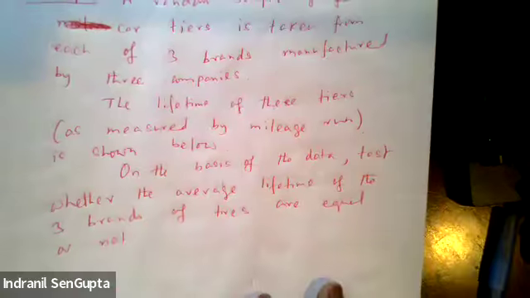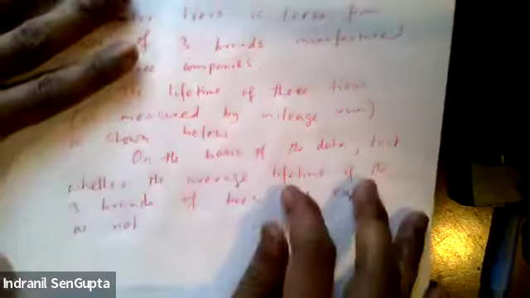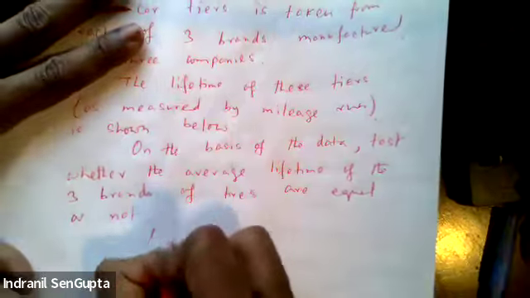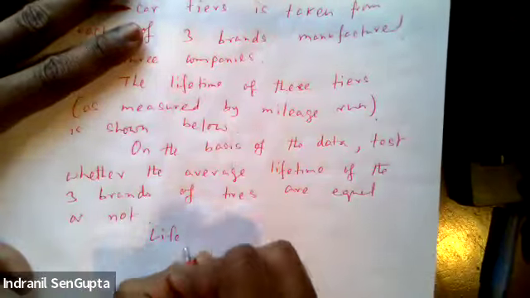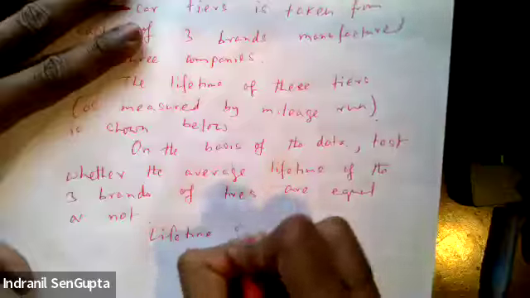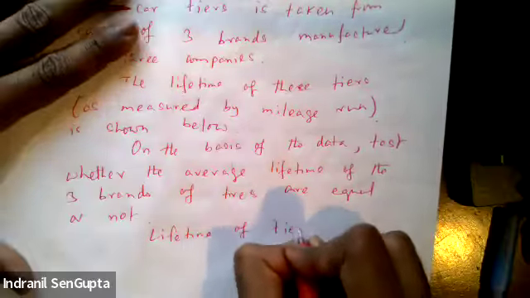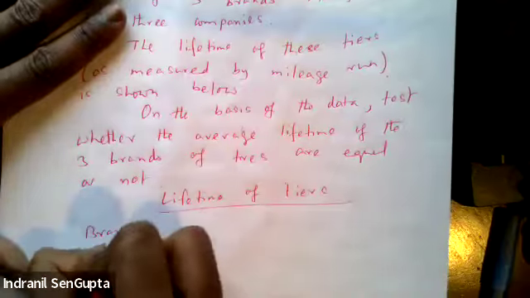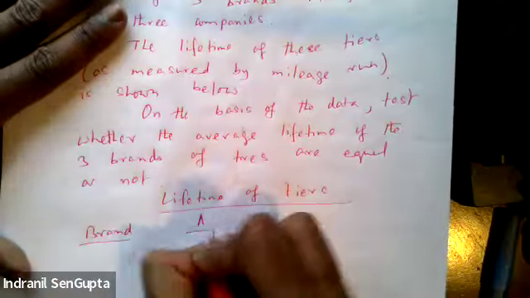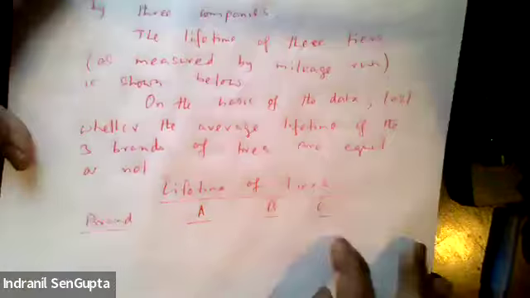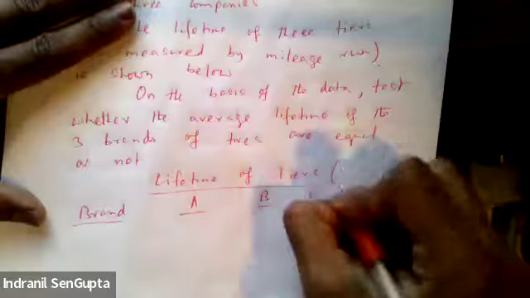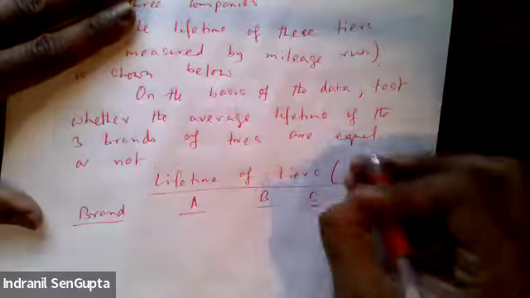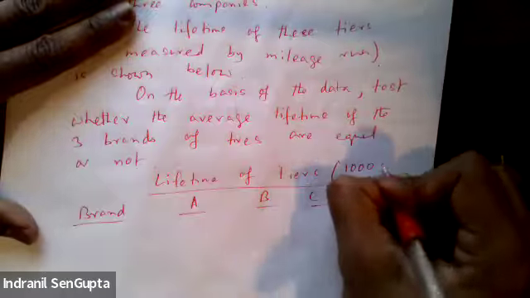And here is the data. So lifetime of tires and brand. Brands are A, B, and C, and lifetimes are in the unit of 1,000 miles.